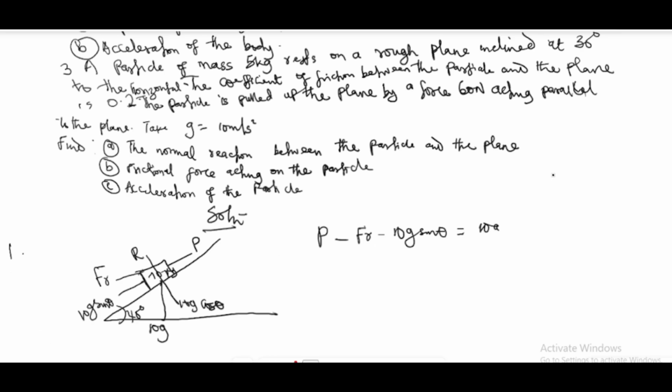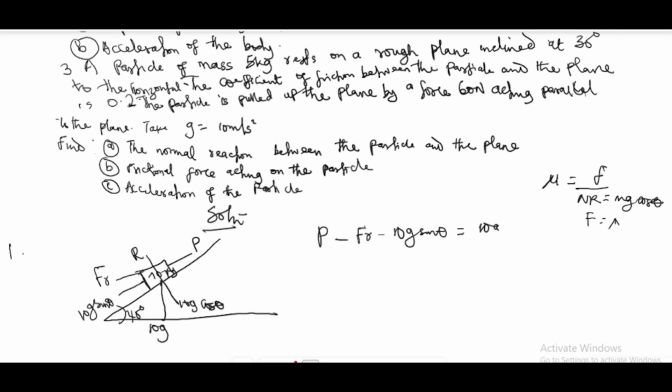Remember that the coefficient of friction mu is equal to friction over normal reaction. So this normal reaction is what? It is our mg cos theta. So if we cross multiply, friction becomes equal to mu times mg cos theta. Is that clear?